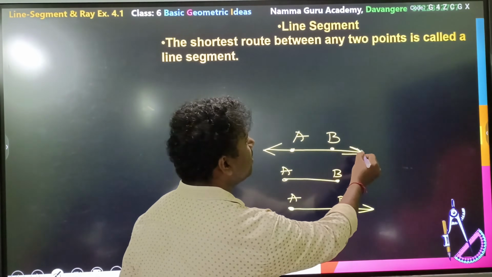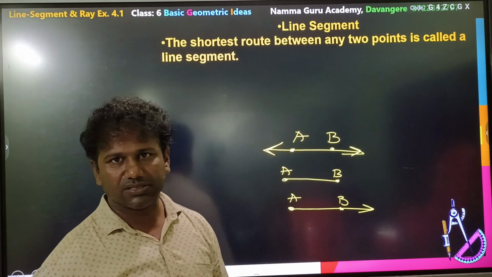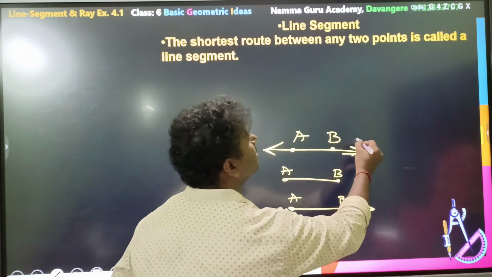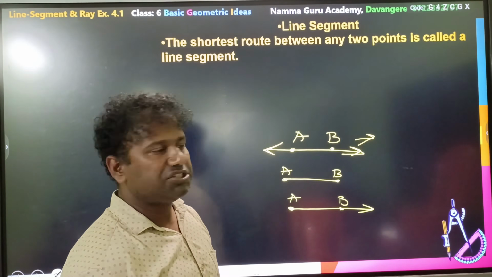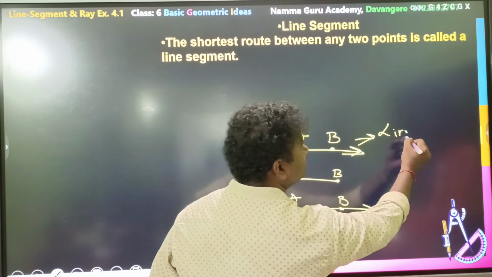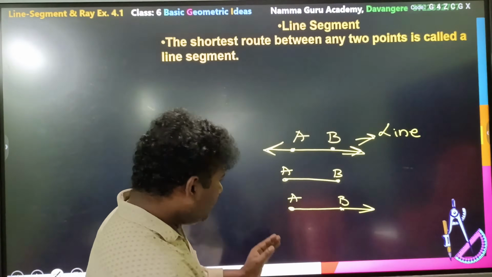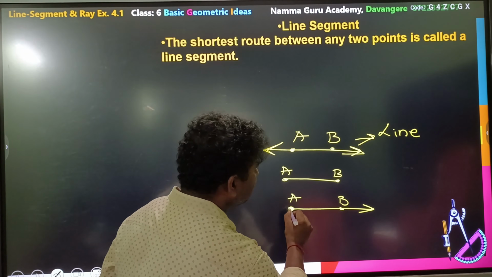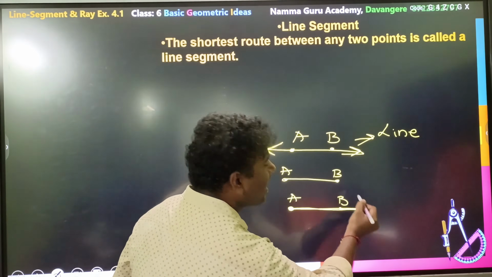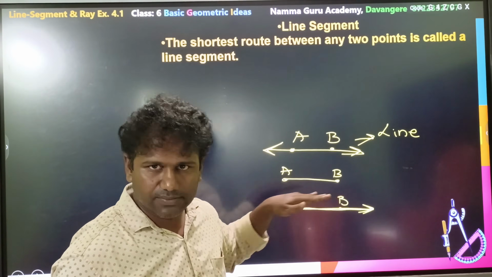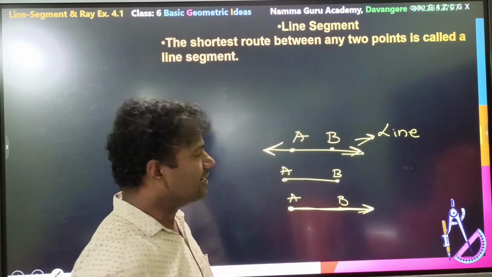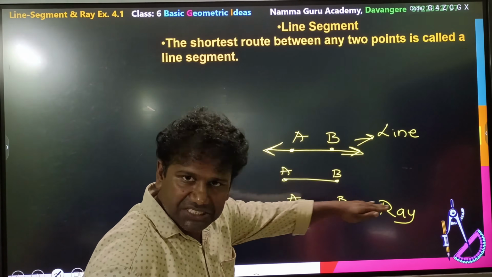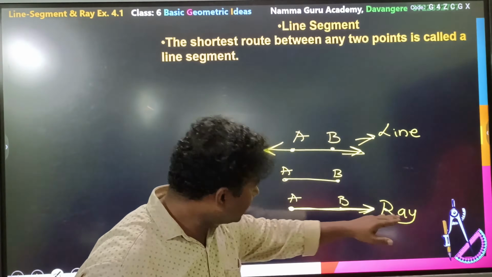Here you can see arrow marks in both directions, meaning it is extending endlessly in both directions. Such a figure is known as a line. Here at one end we have an end point, and on the other side an arrow mark, meaning it is continuous and extending endlessly. It is considered a ray: one end point, one side extending continuously.